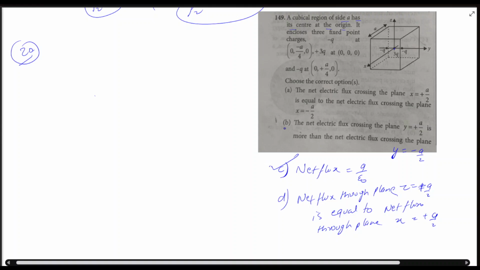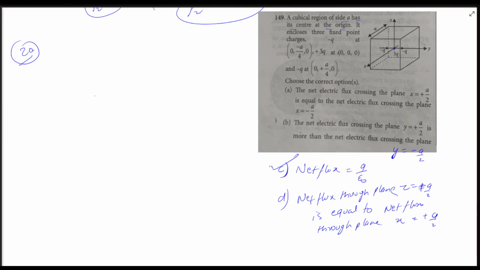Now let's move on to option A. The net flux crossing the plane x equals a by 2 and x equals minus a by 2 will be equal. So yes, they will be equal. Why? Let me tell you first, this plane is x equals a by 2, and the plane just behind it is x equals minus a by 2.